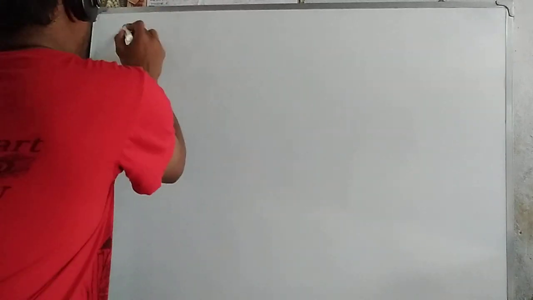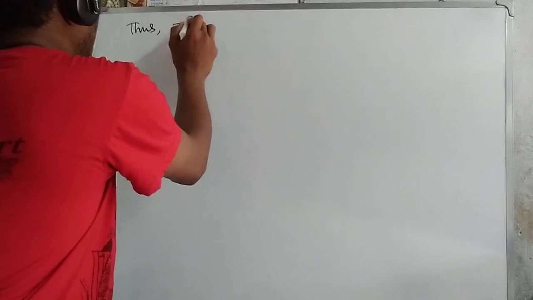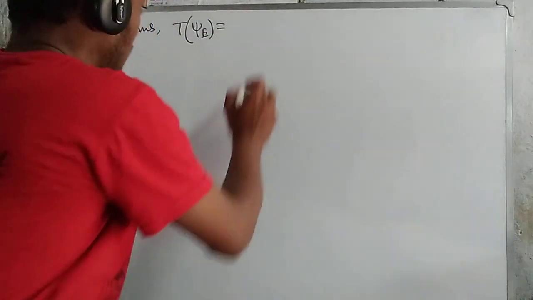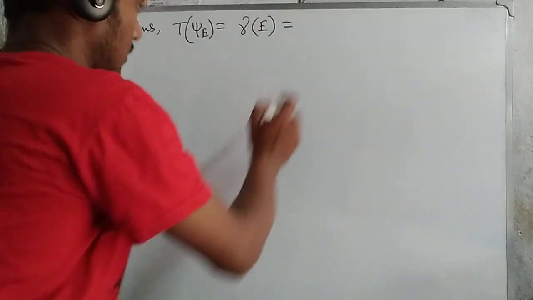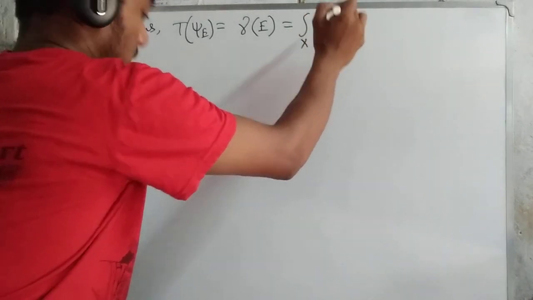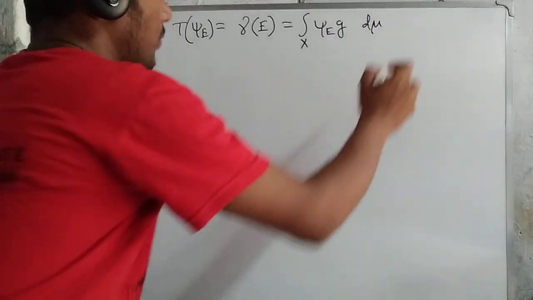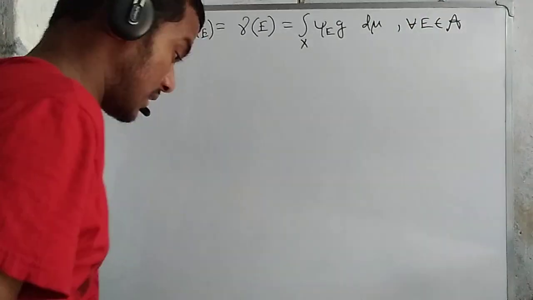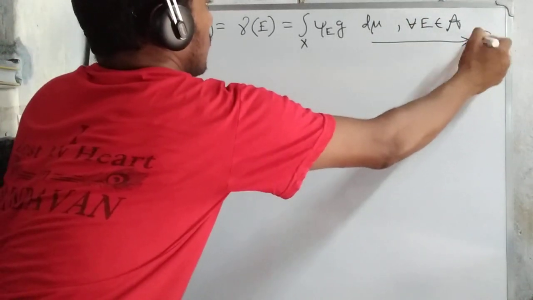Here thus T of psi(E) = gamma(E) = integration over X of psi(E) g d mu for all E belonging to script A. We mark this as 2.